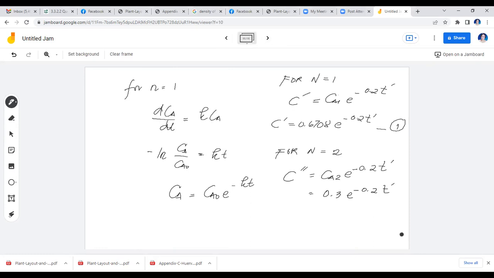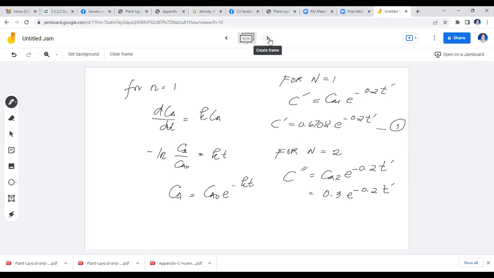Now, we have determined the concentration C prime and C double prime in your first and second reactors after time T prime. This is the time that the reaction would still proceed after the connection was stopped, after the tanks were already disconnected.